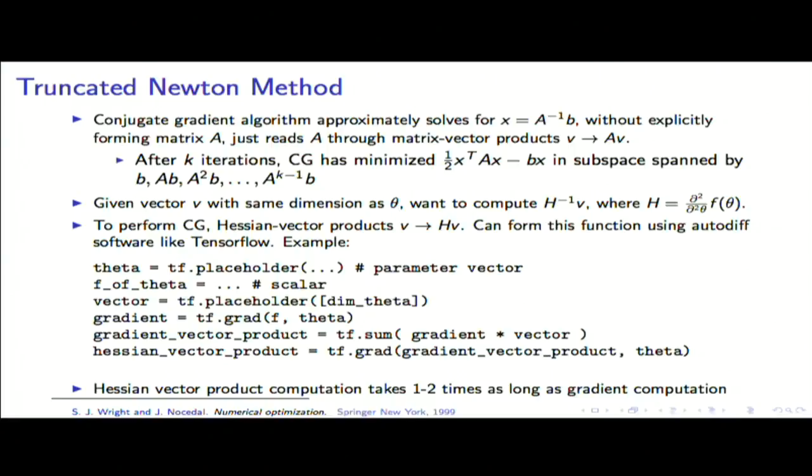Then once you have the dot product, you can compute the gradient again of that, and that will give you the Hessian, or actually, the Hessian times the vector. Right. I see. All right, great. Thank you.